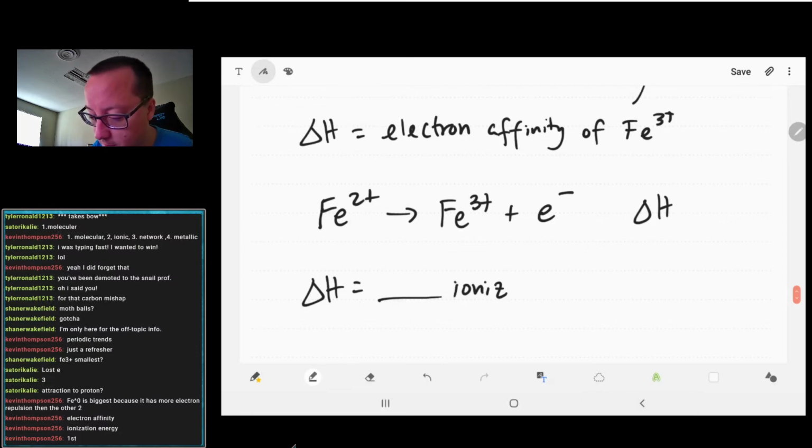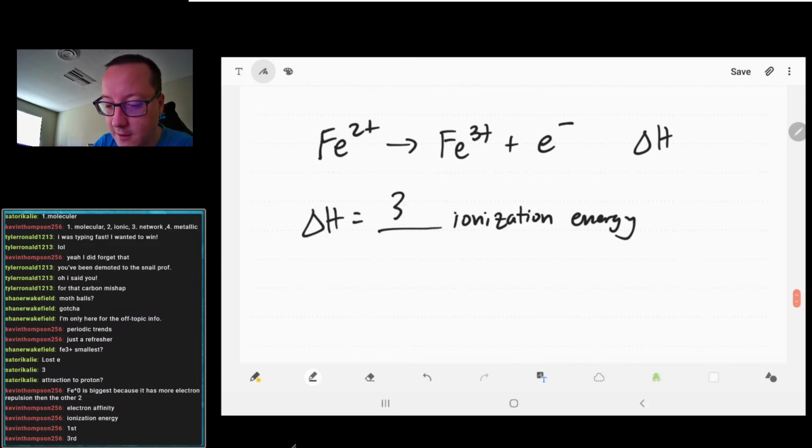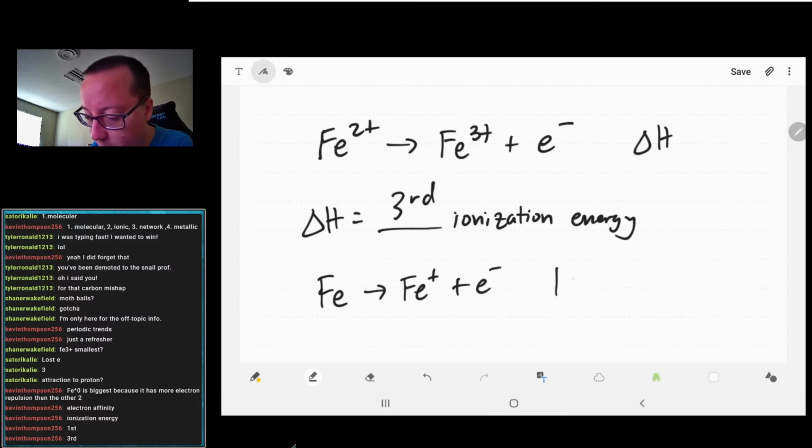Is it the first one? I would say it's the third ionization energy. The first one would just be this, the first ionization energy.